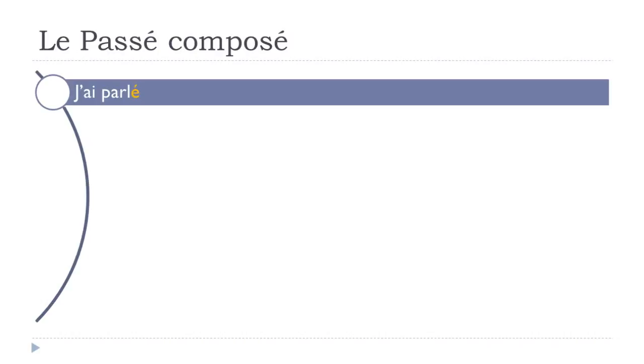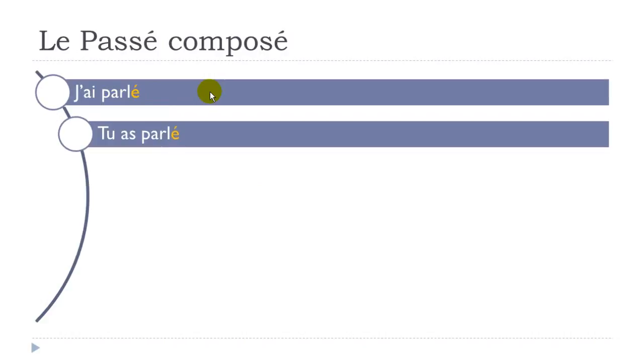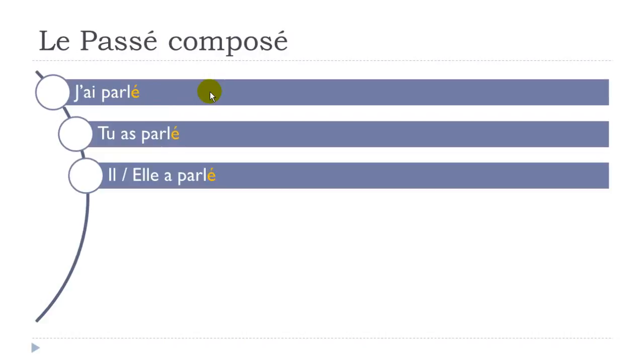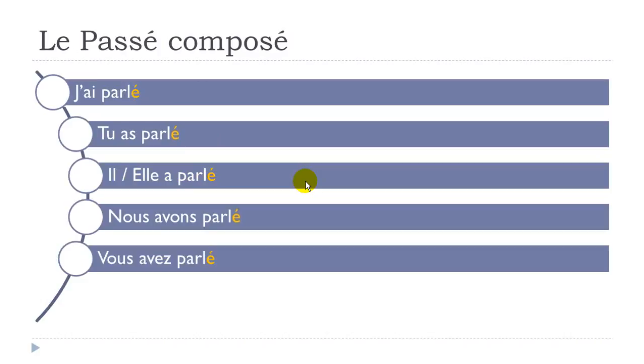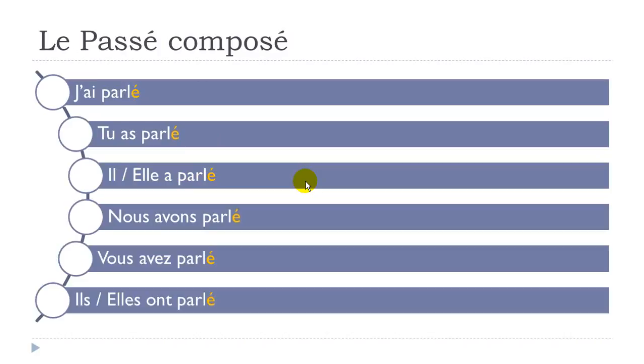So if we take the verb parler, to speak or to talk, it goes like j'ai parlé, okay? Tu as parlé, il a parlé, elle a parlé, nous avons parlé, vous avez parlé, ils ont parlé, elles ont parlé.